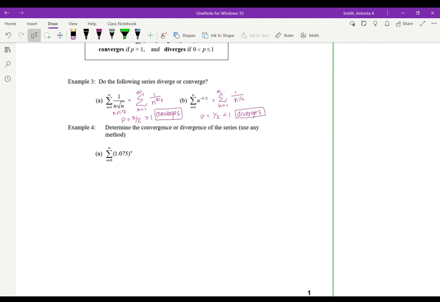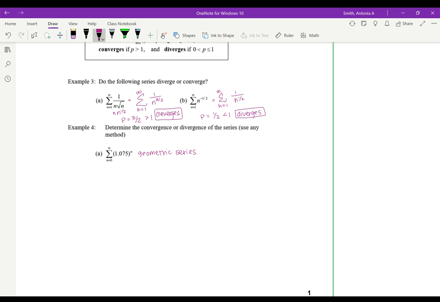So example 4, determine the convergence or divergence of the series. We can use any method. This one, part A, is pretty easy, right? We know that this is a geometric series. So we can use the geometric series test to prove convergence or divergence, right?